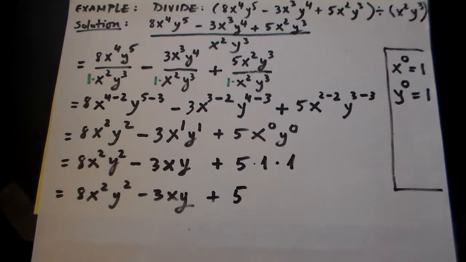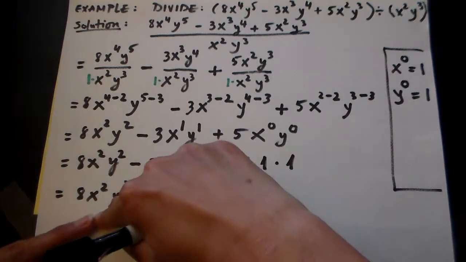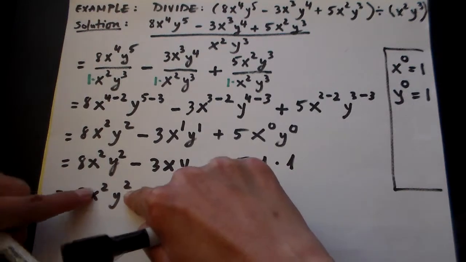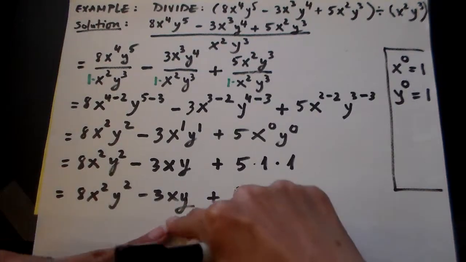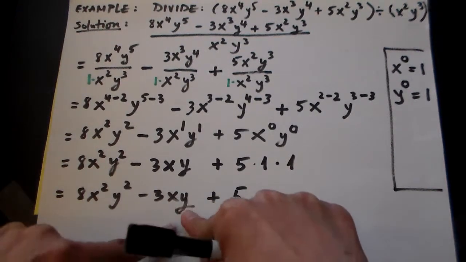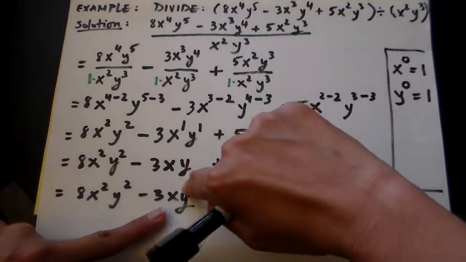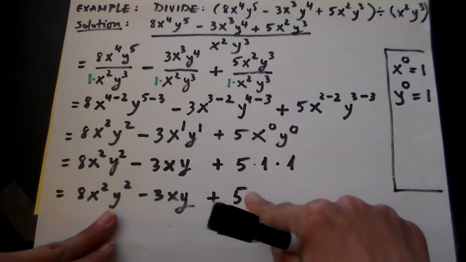Now remember, make sure you combine like terms if they exist. So let's double check the first term. If there is any term that has x and y with the same power 2, check this, none, check this, none. And similarly, you can check the second term to see if there's any term with the variable x and y that has power 1 and 1. Check this with this, no. How about a constant?